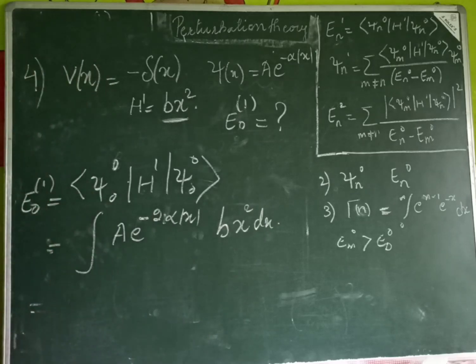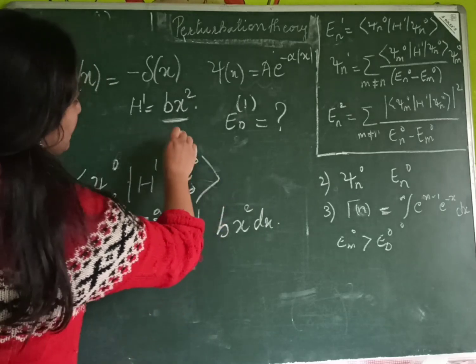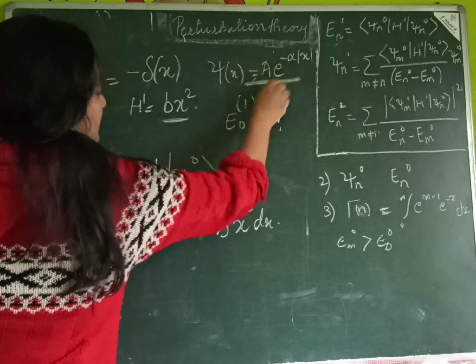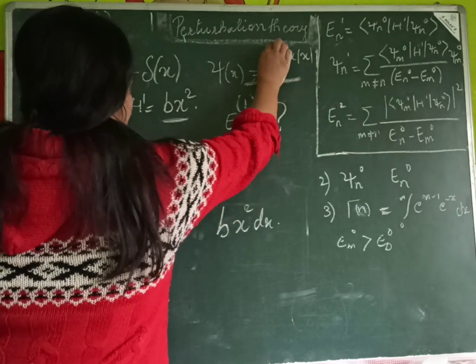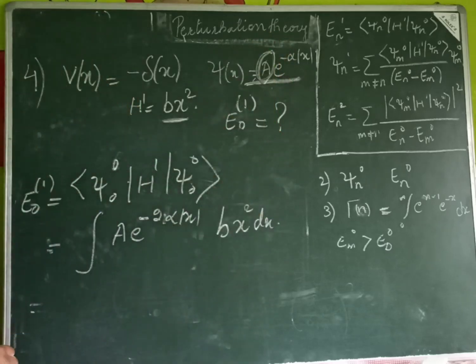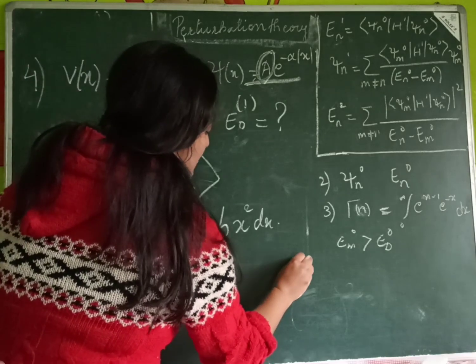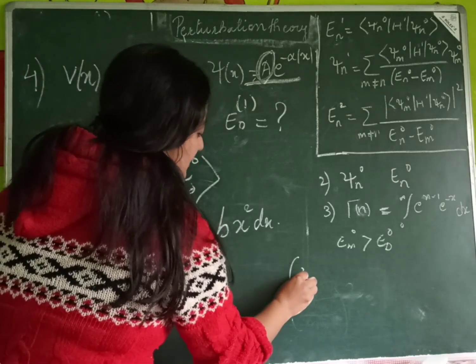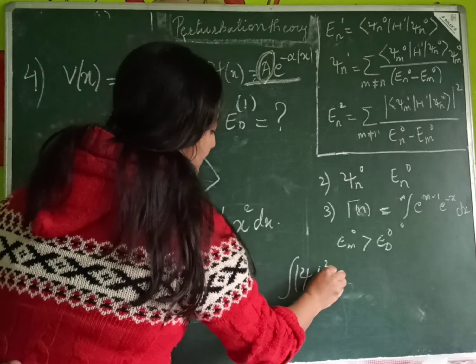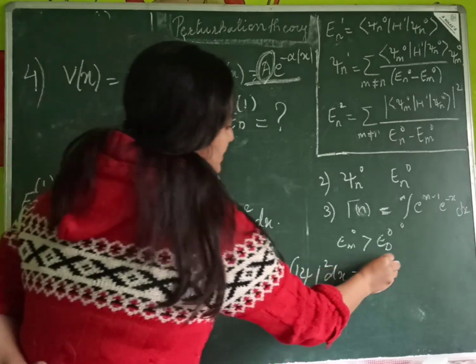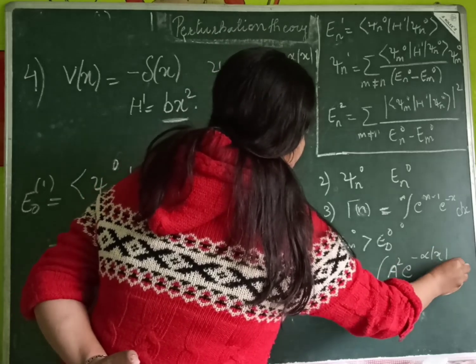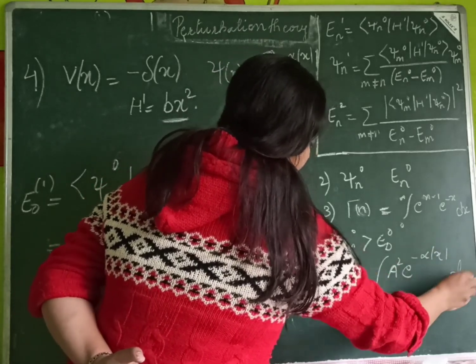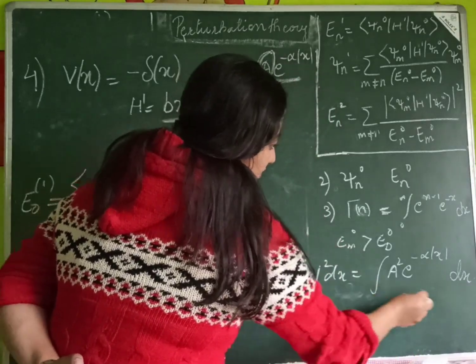So this is what I have to find. But I see that this one is not normalized, so I have to find the constant A using normalization. First I need to do this: A square e to the power minus alpha mod x dx equals 1.